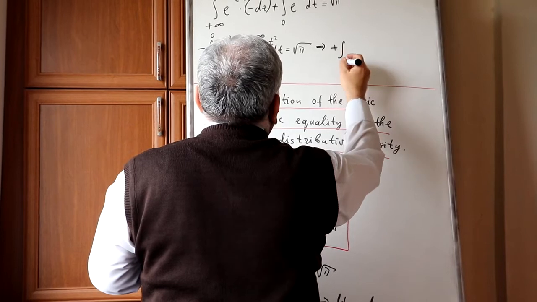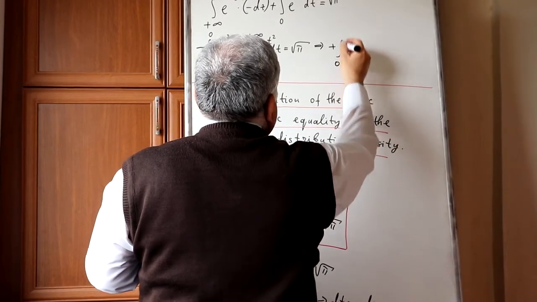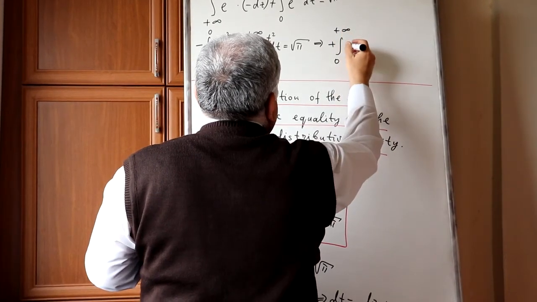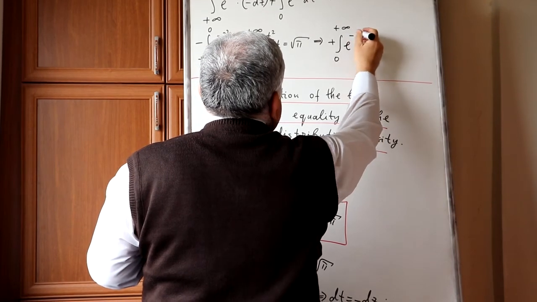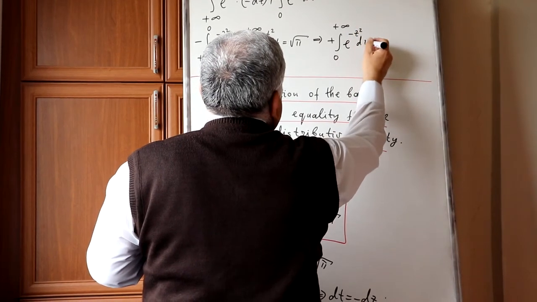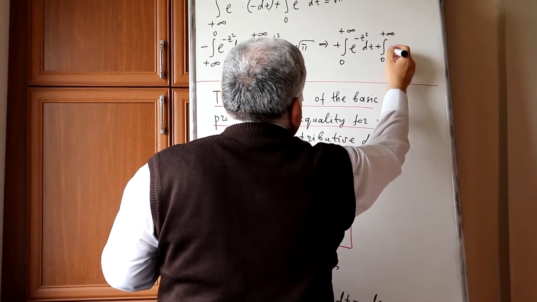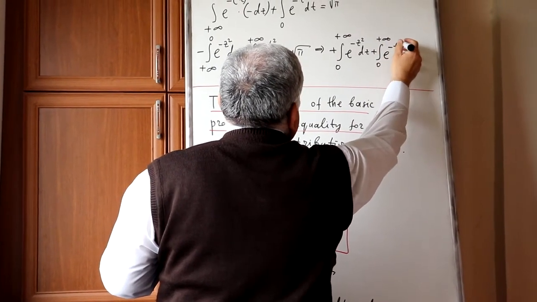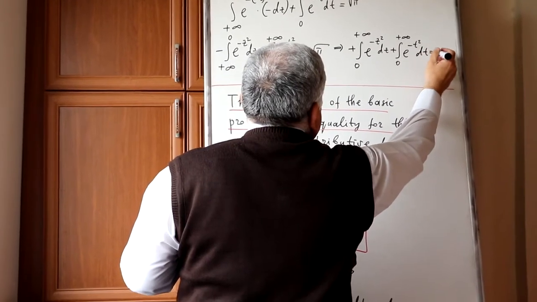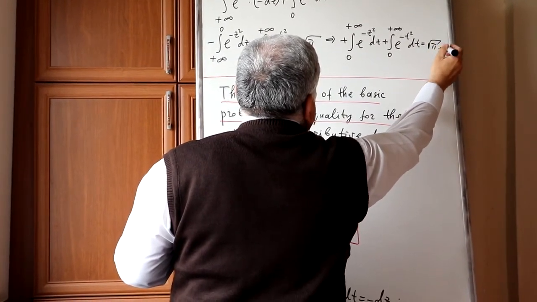Plus integral from 0 to plus infinity of e raised to minus z squared dz plus integral from 0 to plus infinity of e raised to minus t squared dt is square root of pi. Then continue.